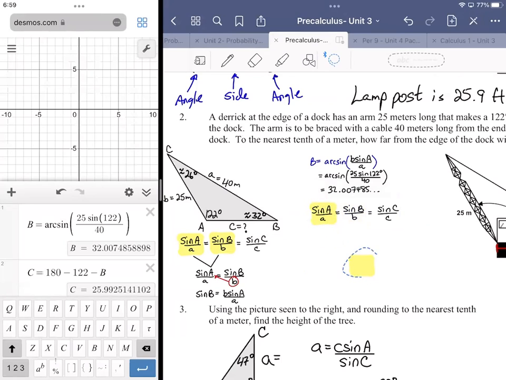But now I need to figure out what side C is. So I need the proportion that involves side C. So sine A over A is equal to sine C over C. And for this one, I said C. I don't know why I wrote an A. But for this one, I'm just solving for the C.